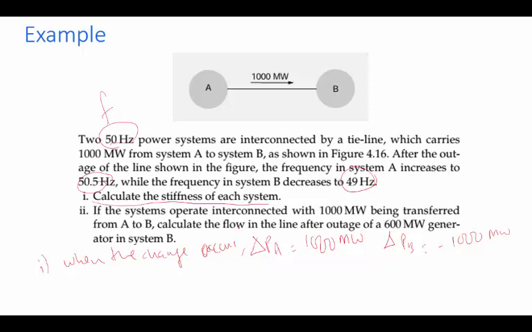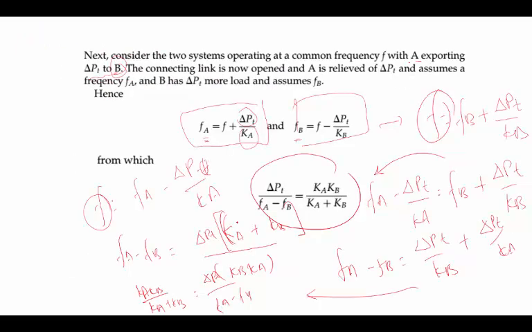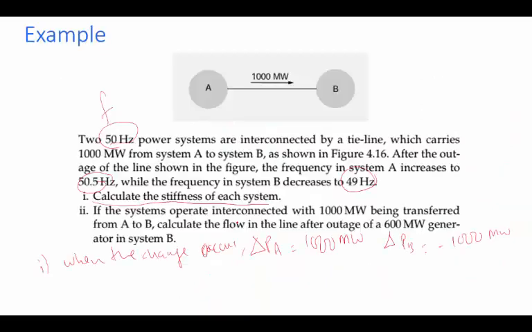So we use this equation, because the systems are similar in this example. FA equals F plus your change delta P, which is 1000, divided by KA.